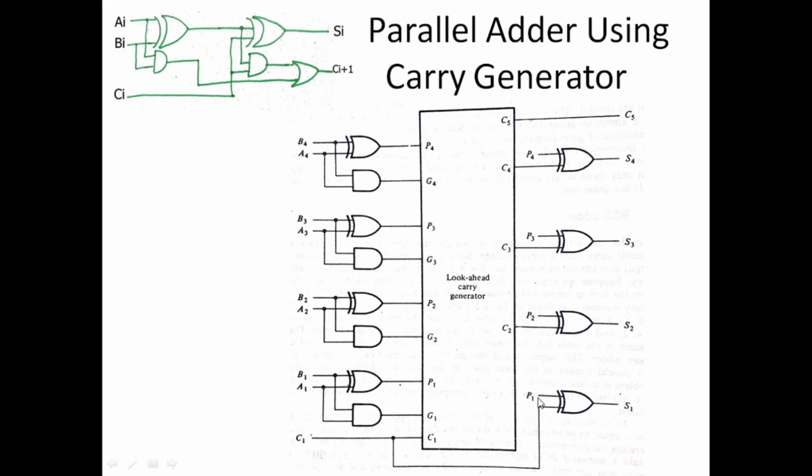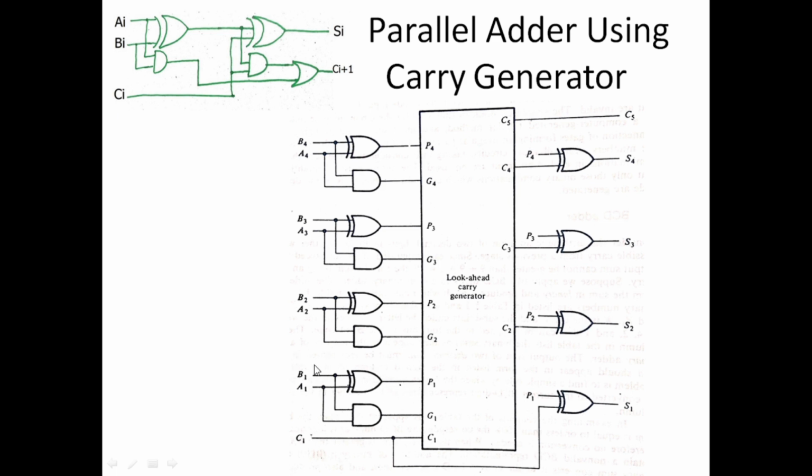Where do we get P1 from? P1 is taken from here, because this part creates P1. What is P1? P1 is A1 exclusive OR B1, which we already created here using this exclusive OR gate.